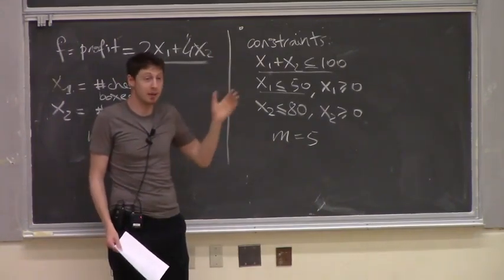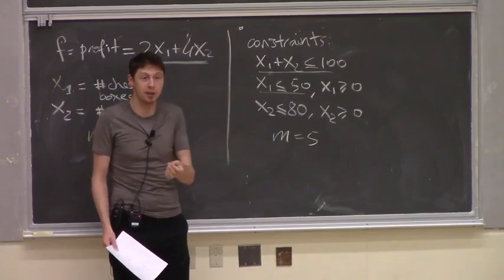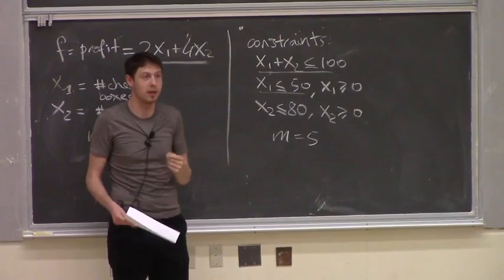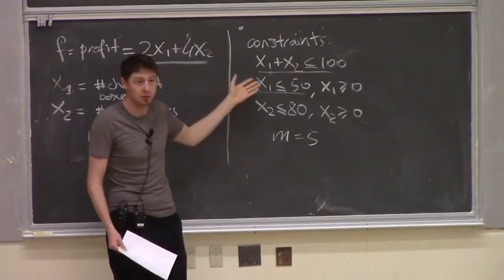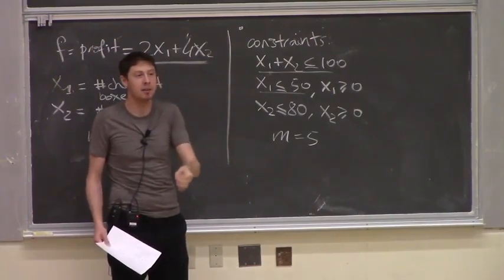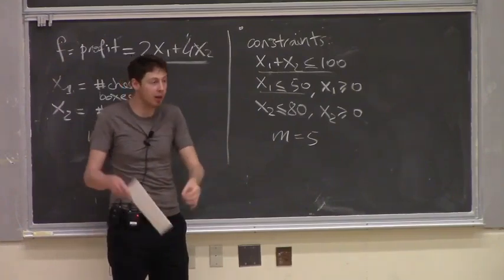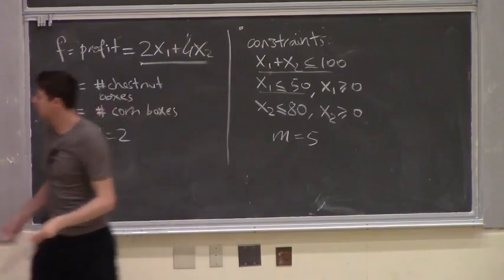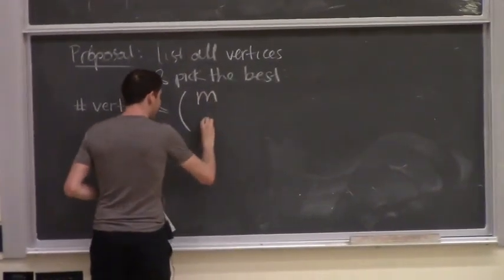If we have some number of linear equations in two variables, we need two of them to constrain the system to get one solution. In general, if I have n variables, I'm going to need n independent equations to constrain it to one point, a vertex. So in general, it's at most m choose n.